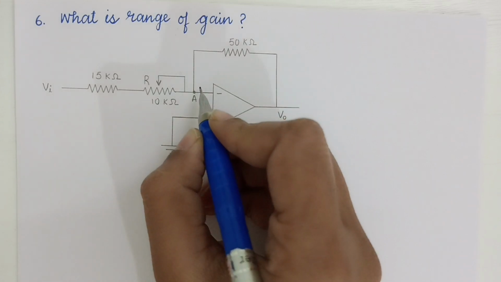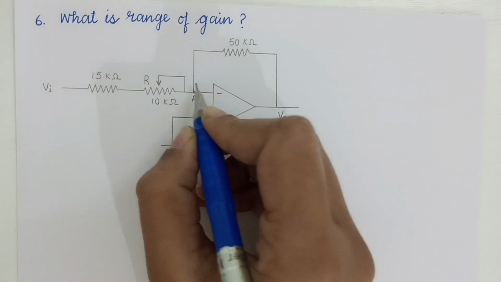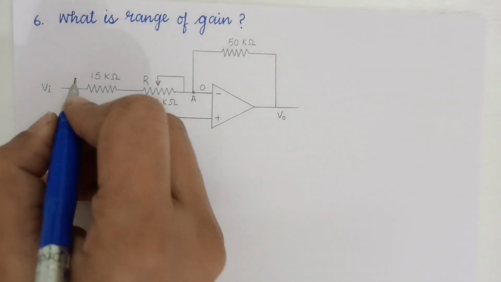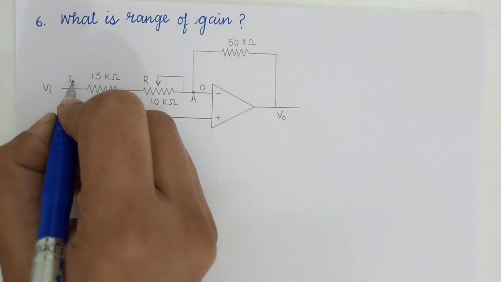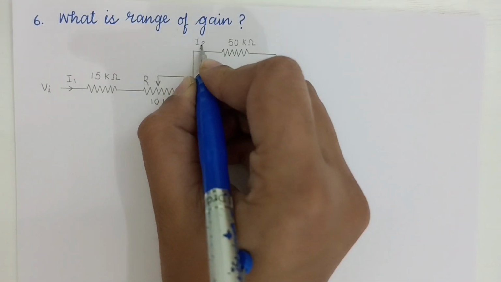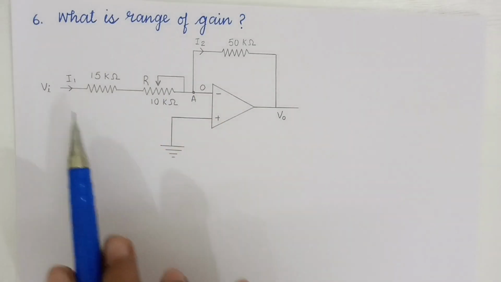So from the concept of virtual ground, the voltage over here will also be 0. And let this incoming current be I1, and the outgoing current here be I2. So here we are done with the necessary marking.